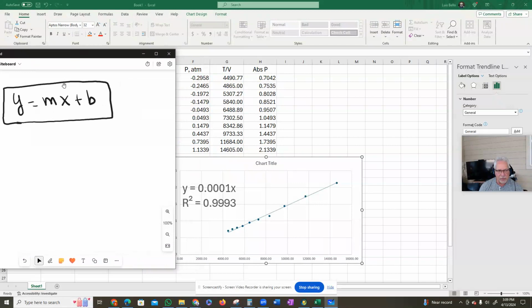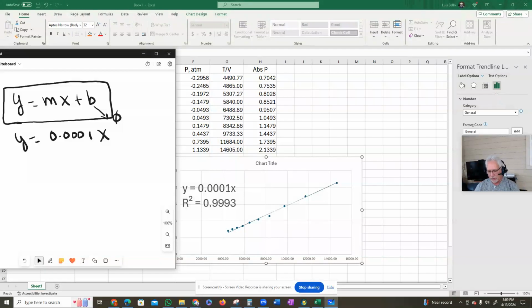It's a small formula. So my y will be 0.001x, and b will be 0 because I set the intercept to 0, so you don't have anything to add in.